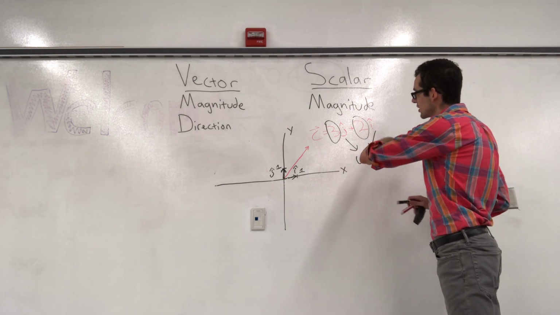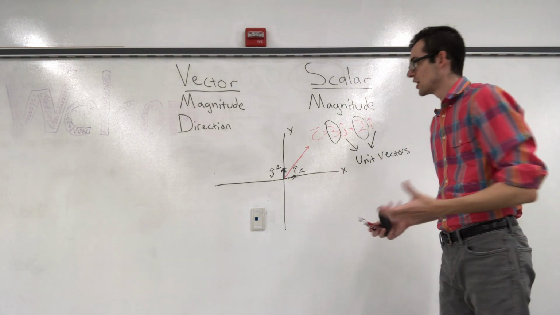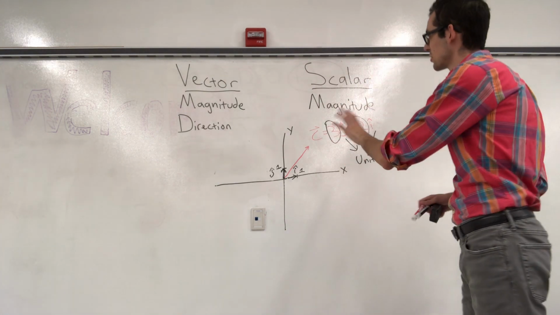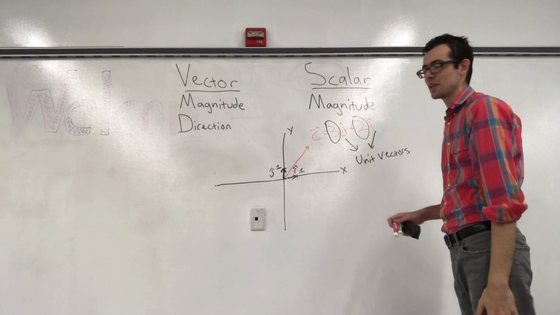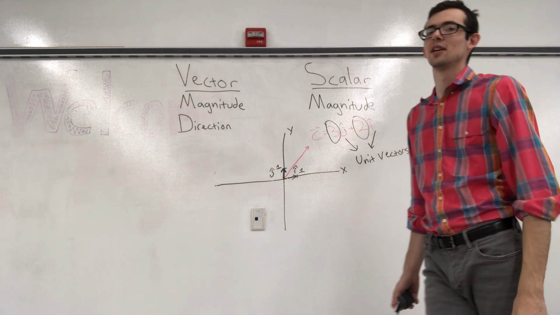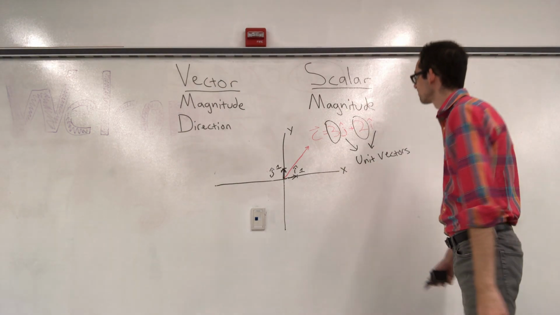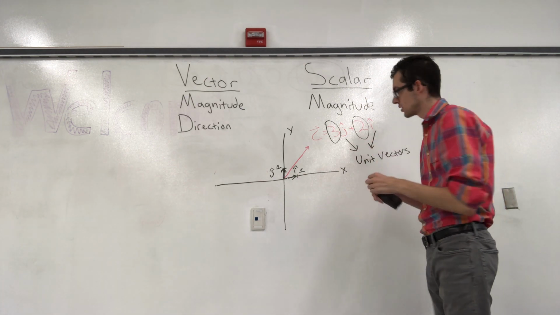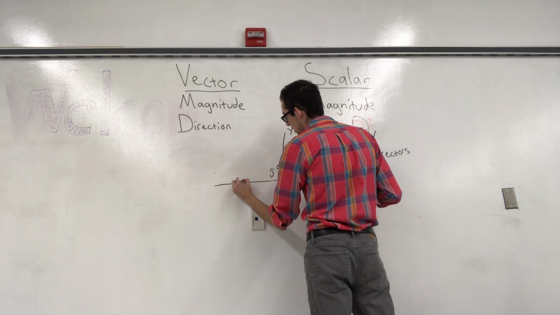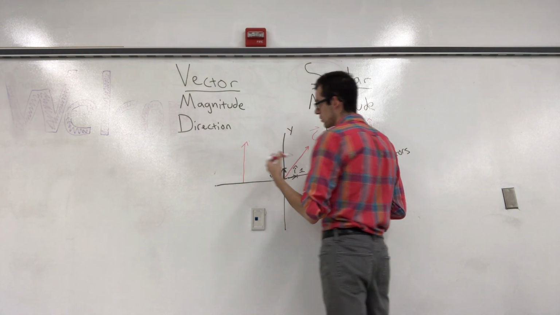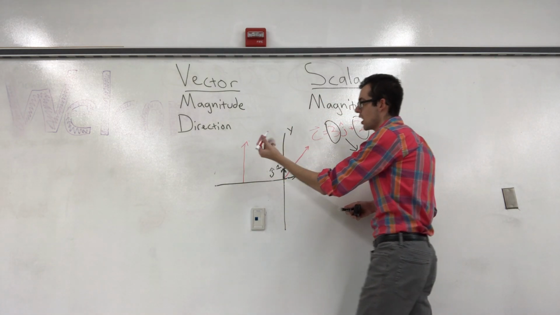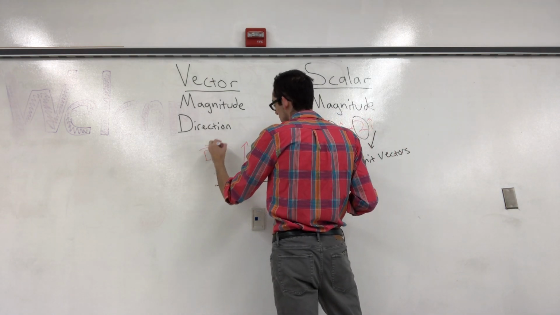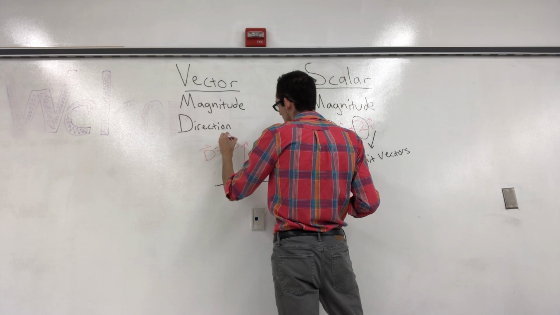Now you could even do this in 3 dimensions if you added a third dimension, but we're going to stick with 2, just X and Y, for the time being. I don't think we're going to do too much with 3 dimensions. All right, but that's unit vectors. Any vector, even one that's just going vertically, let's say we're going 4 units or 4 miles upwards, we'll call this D. We could just say it's 4.